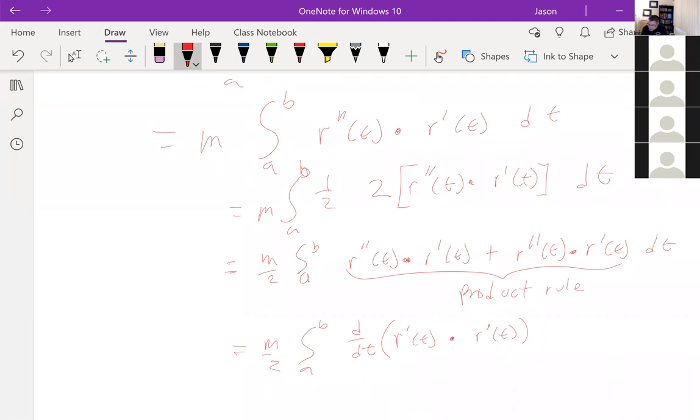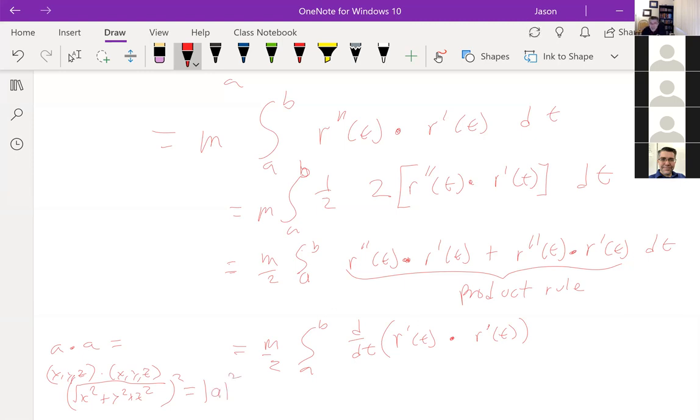Well, what is anything dotted with itself? We have to think back. If I have vector A dotted with vector A, what did that give me? This would be x, y, z dotted with x, y, z, which is going to be x squared plus y squared plus z squared. Now how could I rewrite this? If I square root and then square it, isn't that the magnitude of A squared?